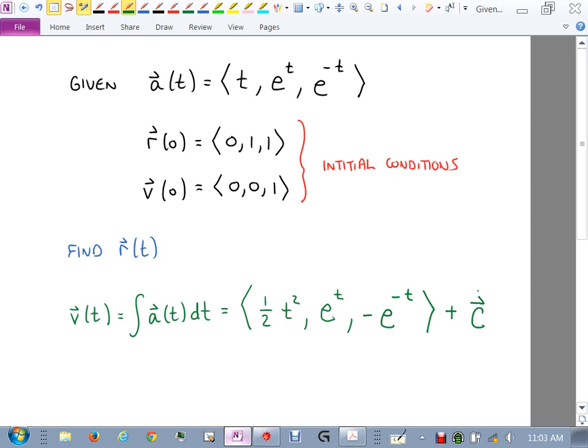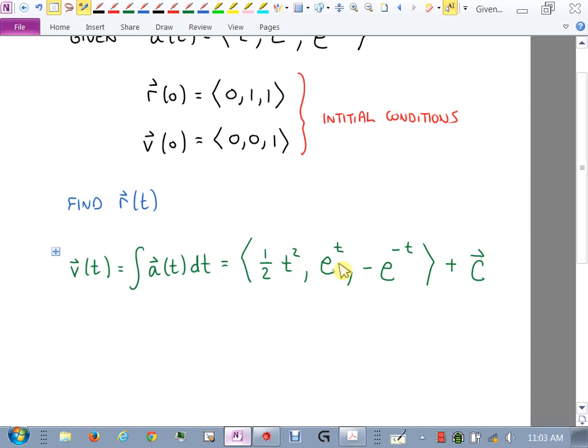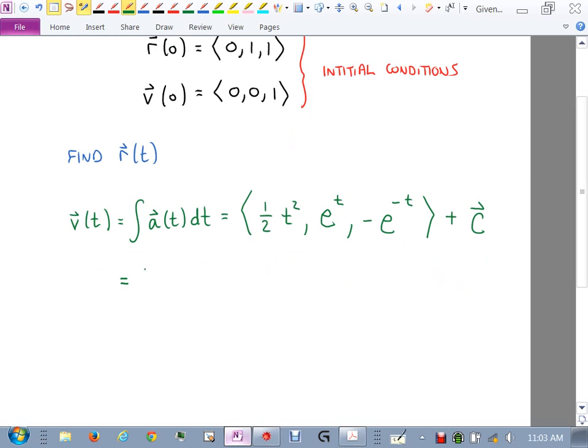The constant is a vector, because each of these individual component functions had a constant to them, didn't they? So if I put those constants together in a vector, that's going to be this c. Yeah, it's 3 numbers. I'm not quite sure what they are at this particular moment in time, but I'll find it in just a second. Now I'll actually write that c vector out as c1, c2, c3. So this c vector is some vector that has 3 components to it.